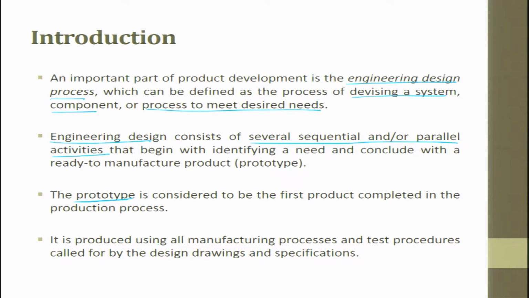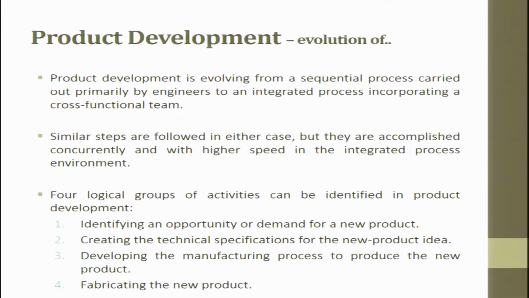It is produced using all manufacturing processes and test procedures called for by the design, drawing and specification. Product development is evolving from a sequential process carried out primarily by engineers to an integrated process incorporating a cross-functional team. So, there will be multiple teams, these teams have to work, cross-functioning has to happen and engineers try to do a job in getting out the process.